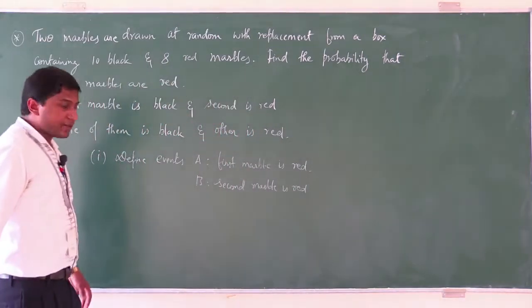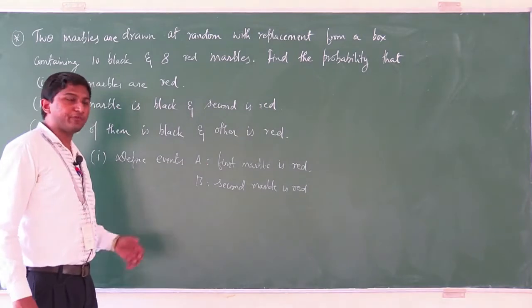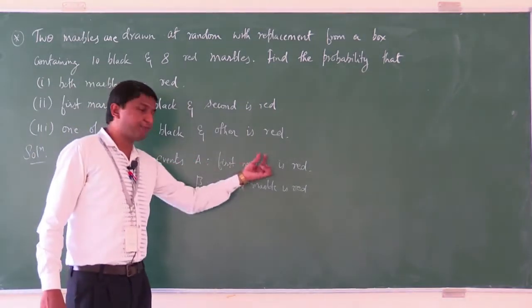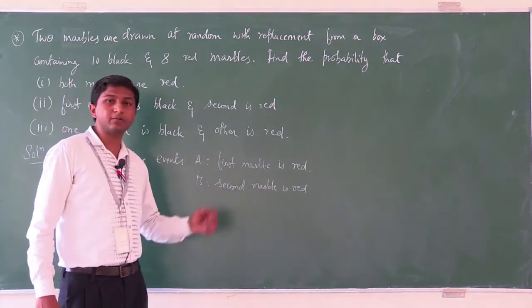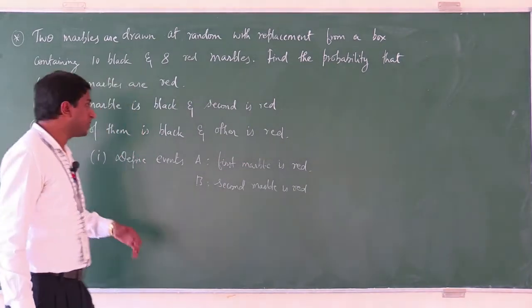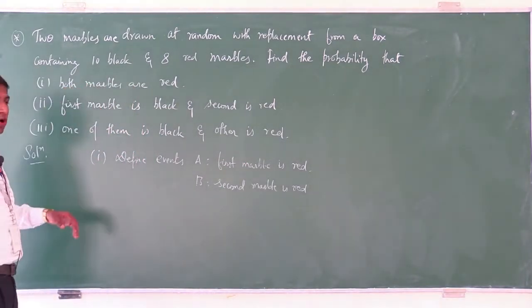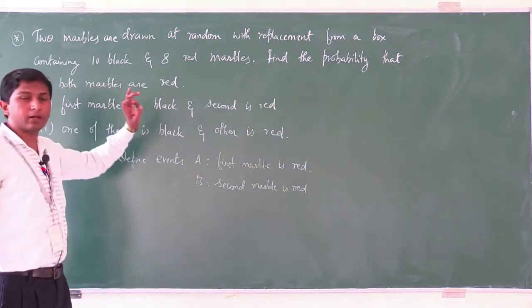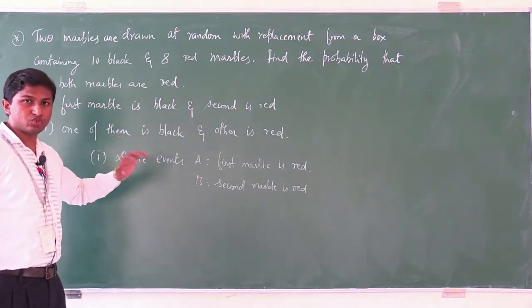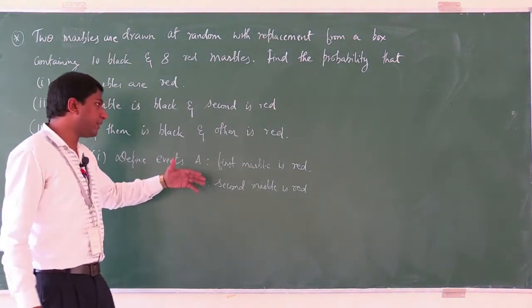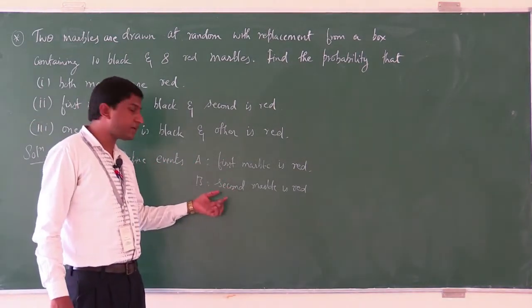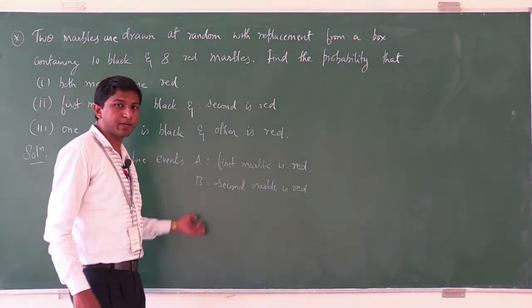So what have I done? I have defined 2 events. Event A is first marble is red. Event B is second marble is red. We have to find the probability that both marbles are red. So in other words, we have to find the probability of the event A and B.